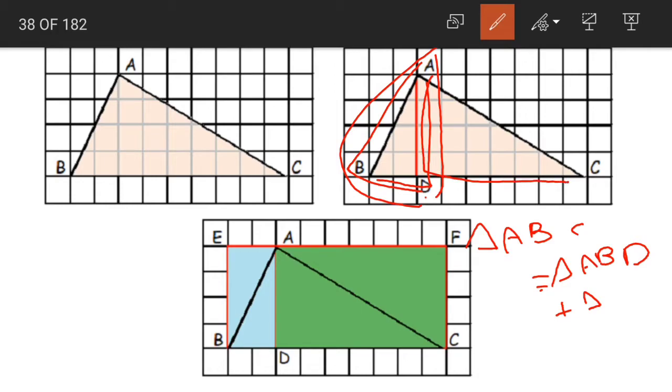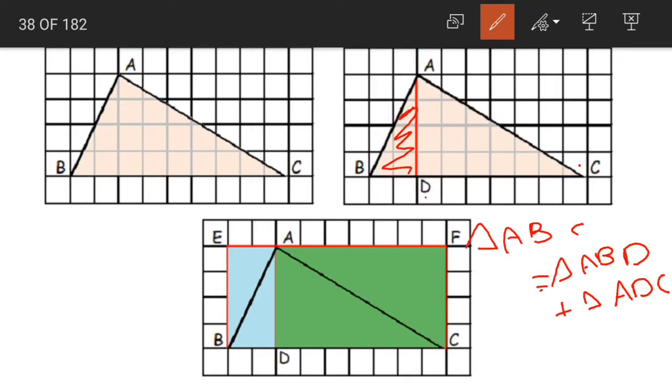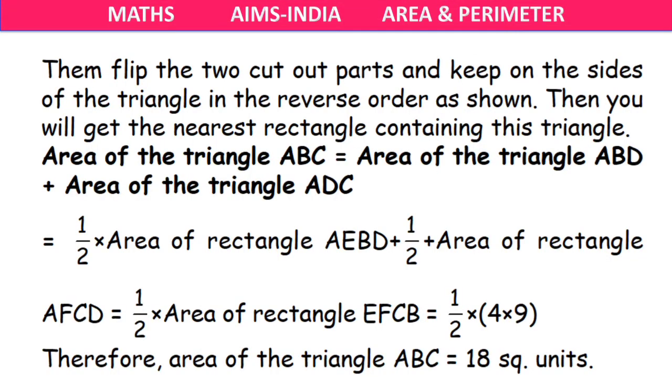Triangle ADC or ACD. Let us take ADC. So when we combine the areas of the triangle ABD and also the area of the triangle ADC, what will we get? We'll get the area of our full triangle ABC.